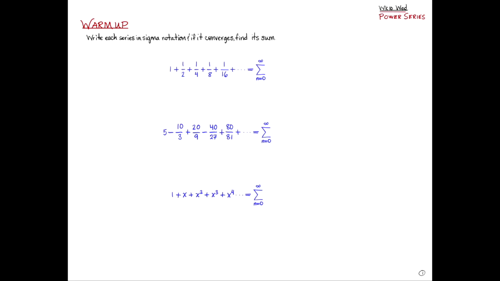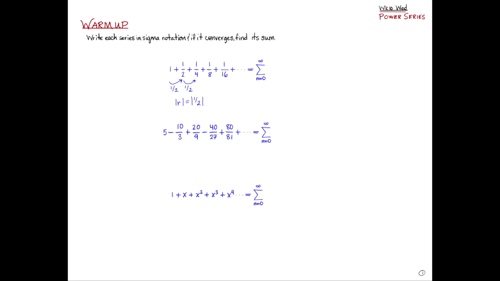In our first series here, we want to begin by putting it in sigma notation. To move from the first term to the second term, we multiply by 1/2. And to move from the second term to the third term, we again multiply by 1/2. This is a geometric series where our absolute value of r is equal to the absolute value of 1/2.